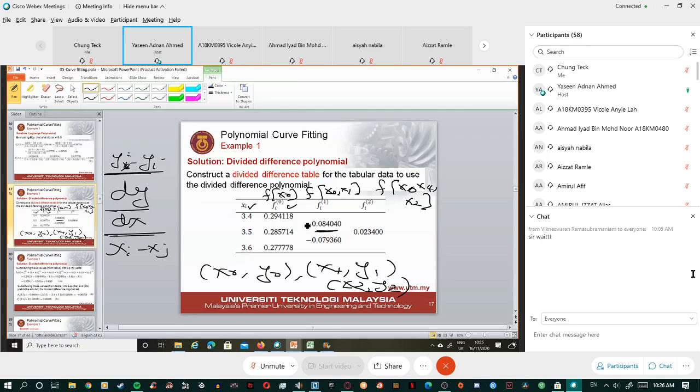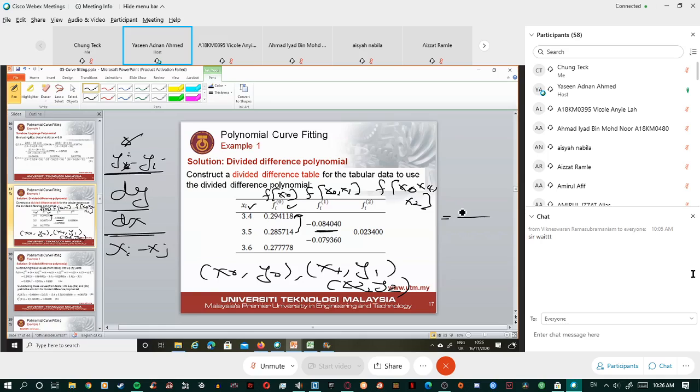So this value can be obtained like this: when we focus on the divided difference method, for the upper part, the y value, always consider the next column values, okay? So in this case, your difference in y will be y1 minus y2, I mean this minus this. I'm just not pronouncing y1, y2, y3. So you just consider this minus this.